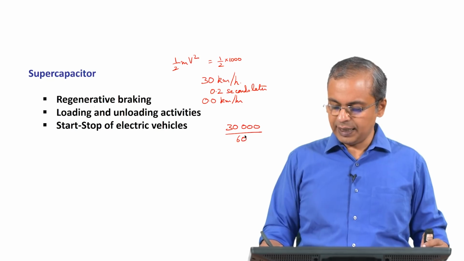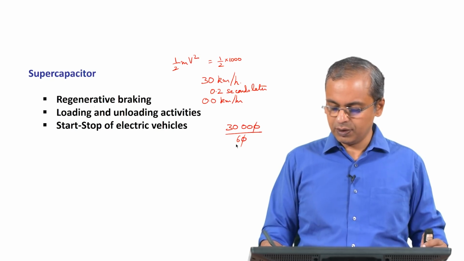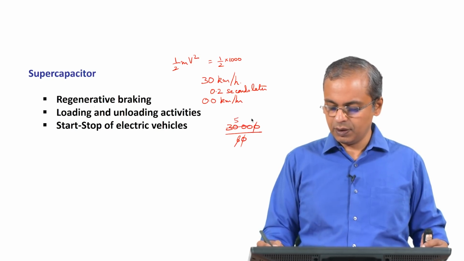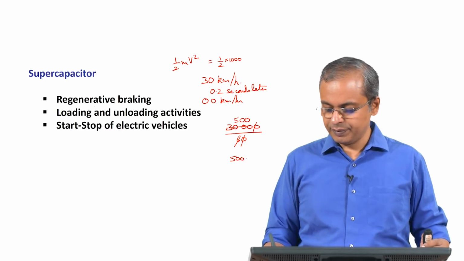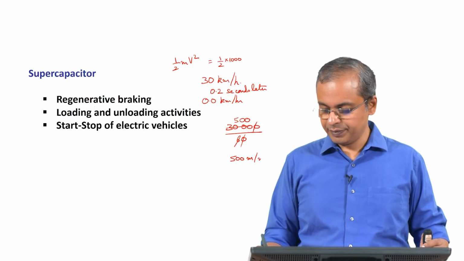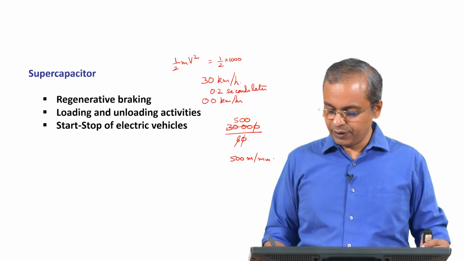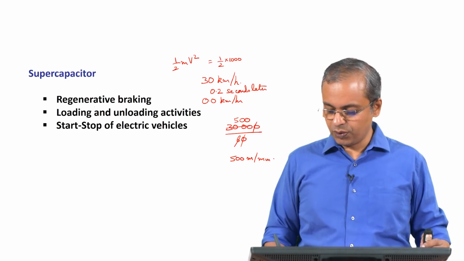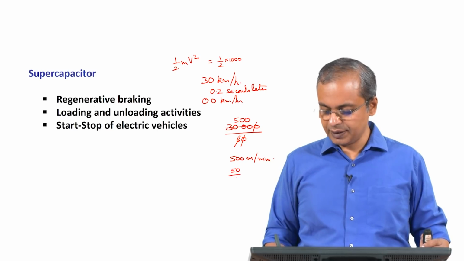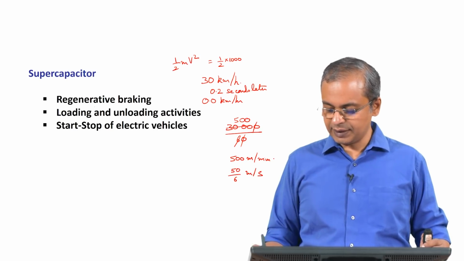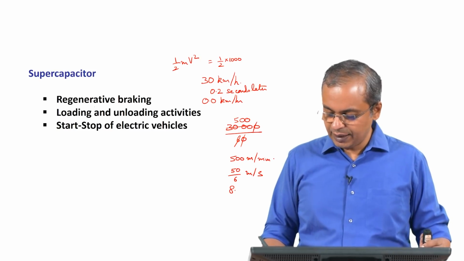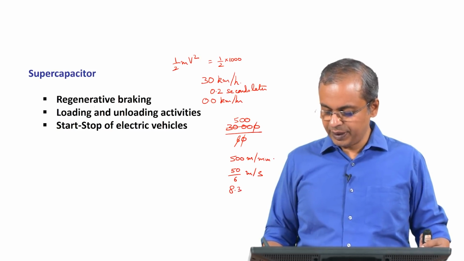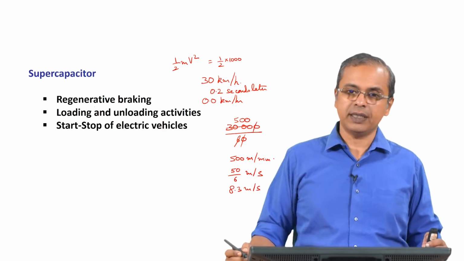So, you basically have 500 meters per minute, and you divide this by 60. So, you will have whatever, 50 by 6 meters per second. So, that is the speed. So, roughly about what is it, 8.3 meters per second, that is the velocity it is travelling at.